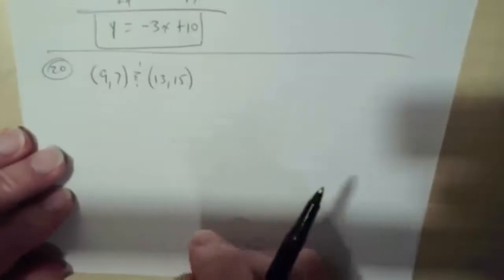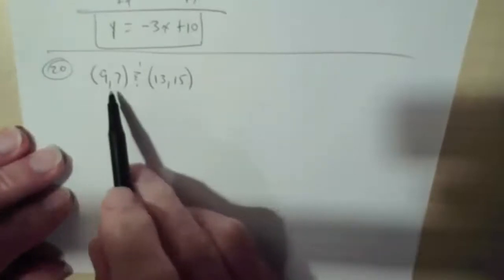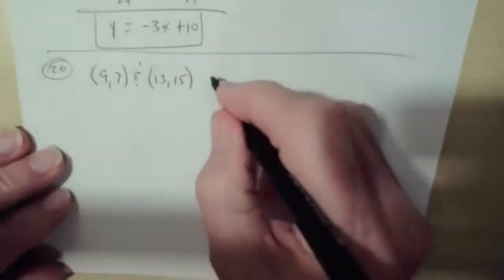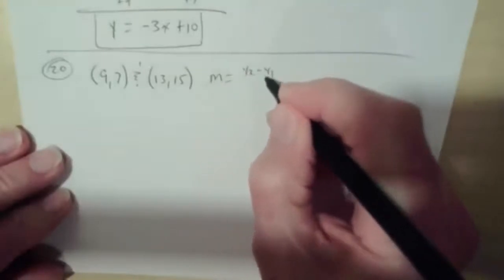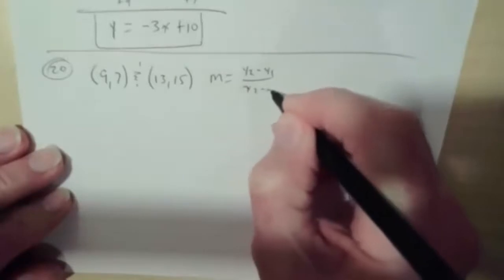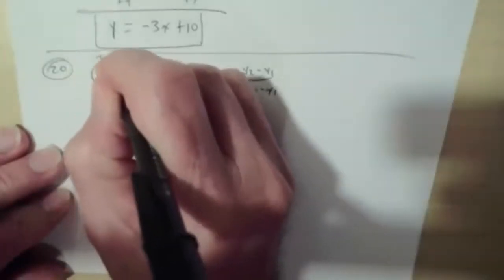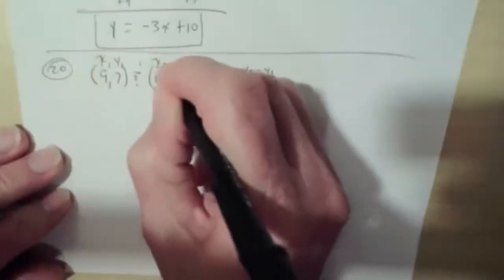Okay, what can we calculate from 2 points? Slope. Slope is y2 minus y1 over x2 minus x1. x1, y1. x2, y2.